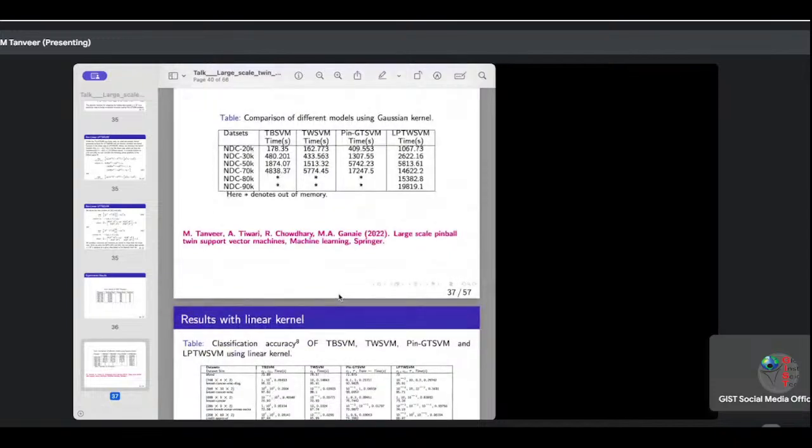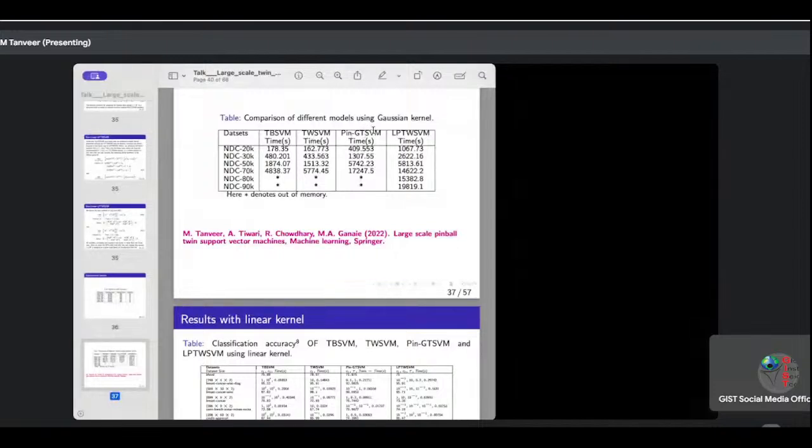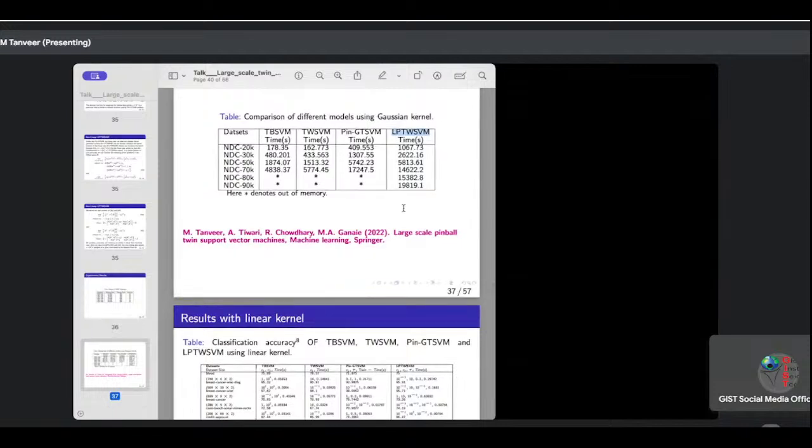When we employ the baseline algorithms, the first three columns, TBSVM, TWSVM, and Pin-GTSVM, they work fine, but when the size becomes large, they go out of memory on the same computational machine. However, the last algorithm, our proposed idea, performs very well on the larger scale data.